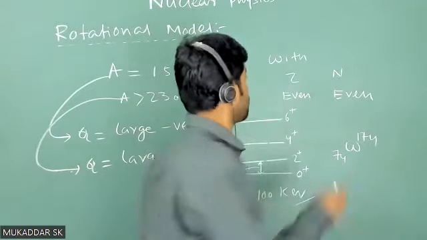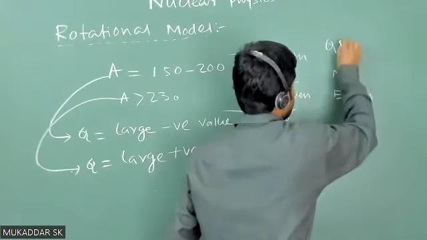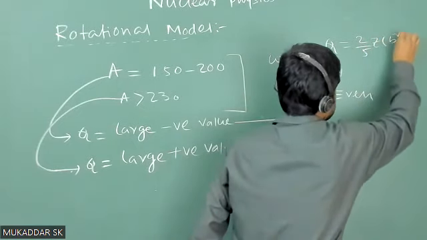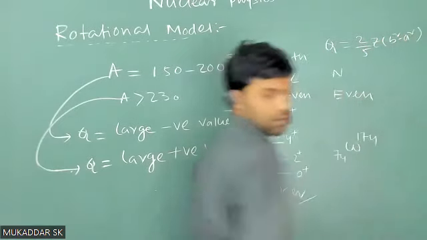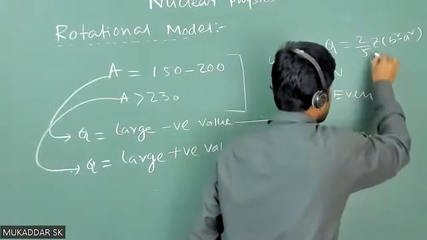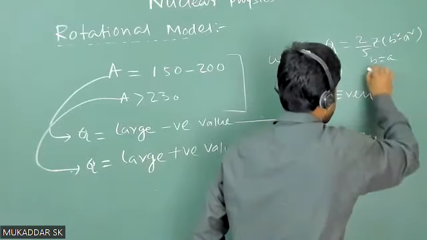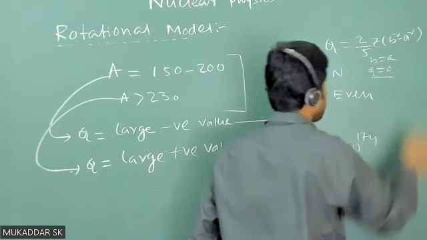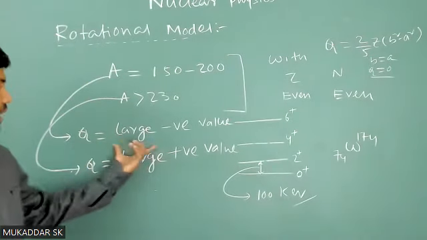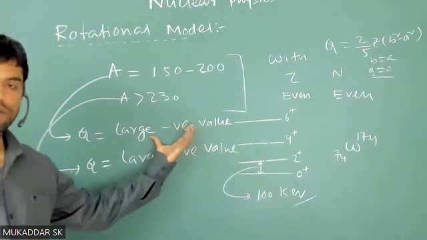If you remember the definition of quadrupole moment, it was 2 by 5, then Z into b square minus a square, right? So for spherical shape, b is equal to a. It means for a spherical nucleus, quadrupole moment is 0. But when the quadrupole moment is a large negative value, it means the shape is oblate.